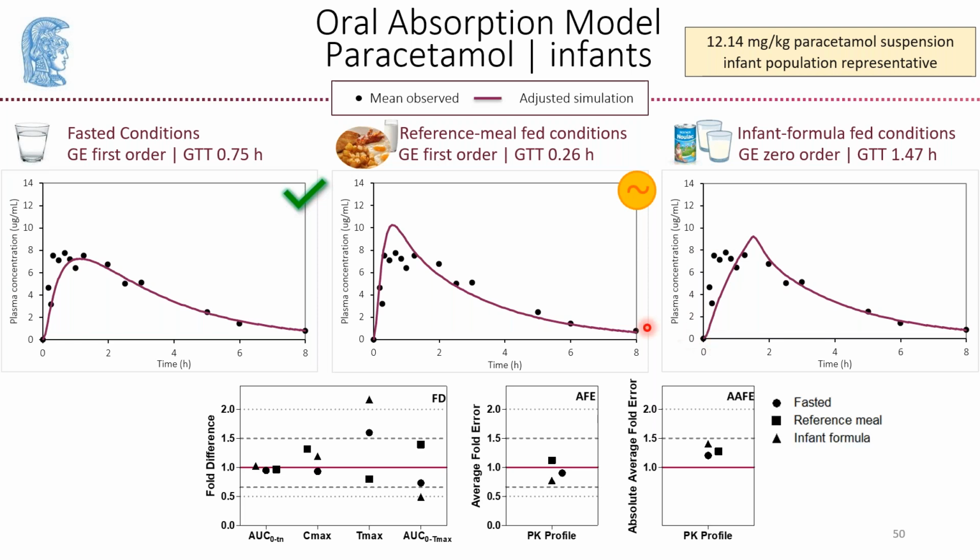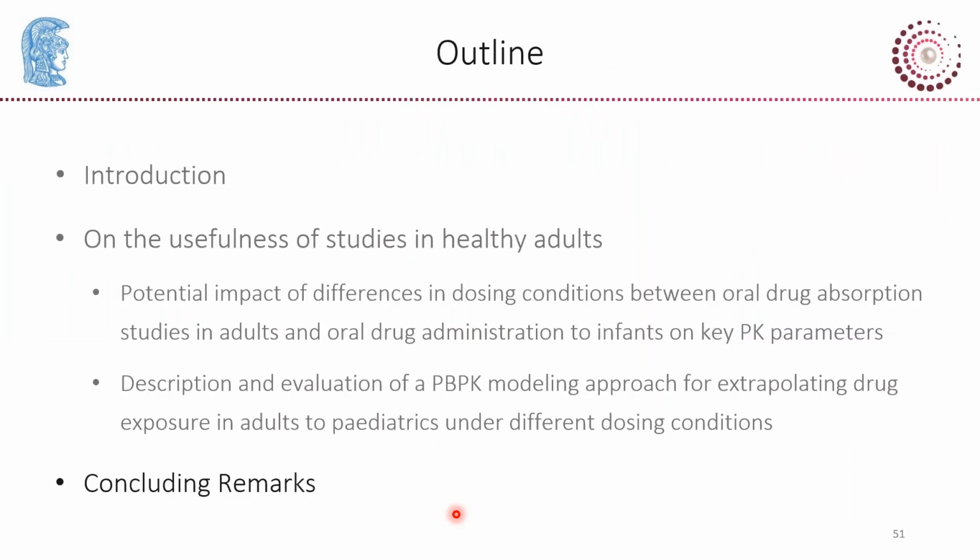This is also reflected in our evaluation criteria here with the triangles again. We can see that the Tmax is overpredicted and the AUC and the partial AUC are rather underpredicted. So the infant formula appeared less useful in this case.